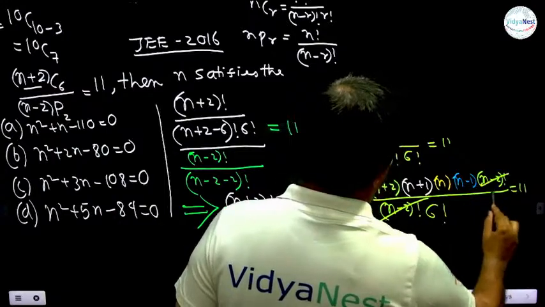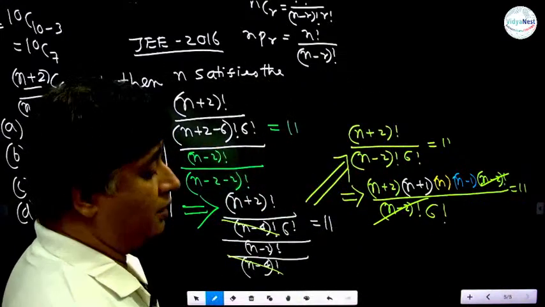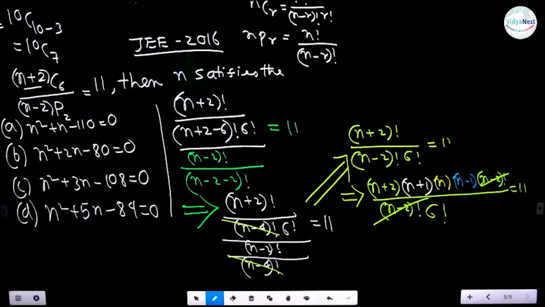I can cancel n minus 2 factorial. Yes or no?